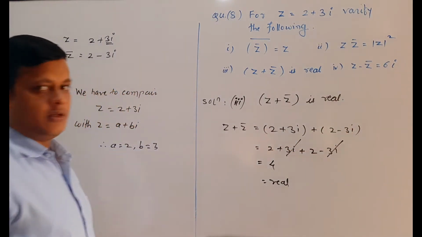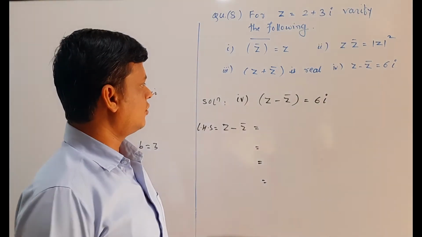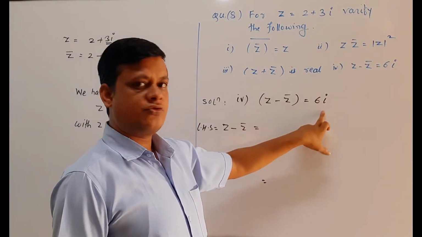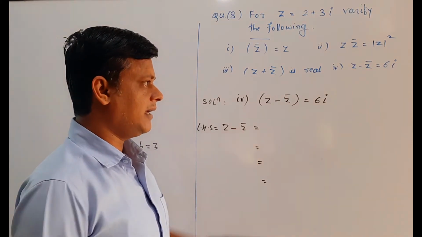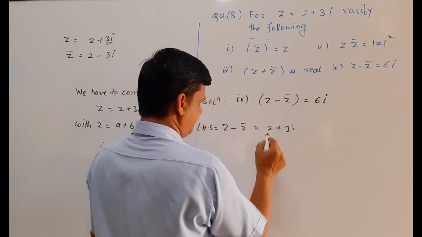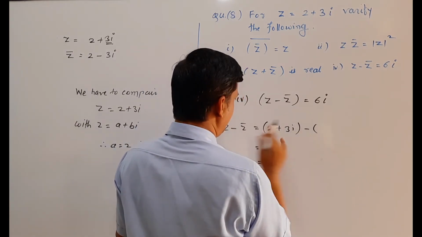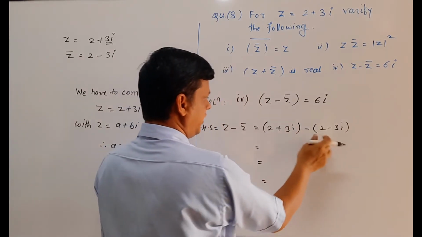Now we have to solve sub question 4. z minus z bar equals 6i. So we consider here LHS as z minus z bar. Substitute the value of z as 2 plus 3i and the value of z bar, which is 2 minus 3i. So here we remove the brackets.